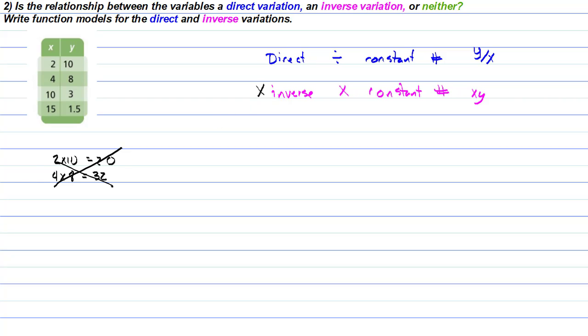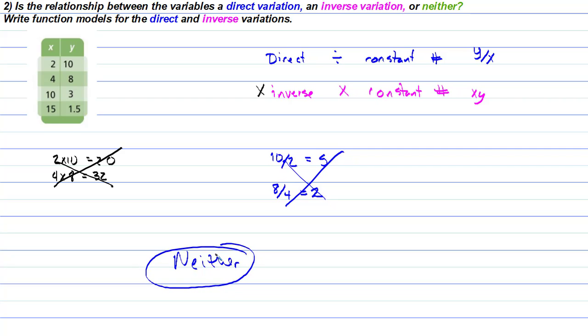Now let's test and see if it's direct variation. 10 divided by 2 gives me 5. 8 divided by 4 gives me 2. So that doesn't work. That means this one is a neither, and you don't have to actually find the equation in this case.